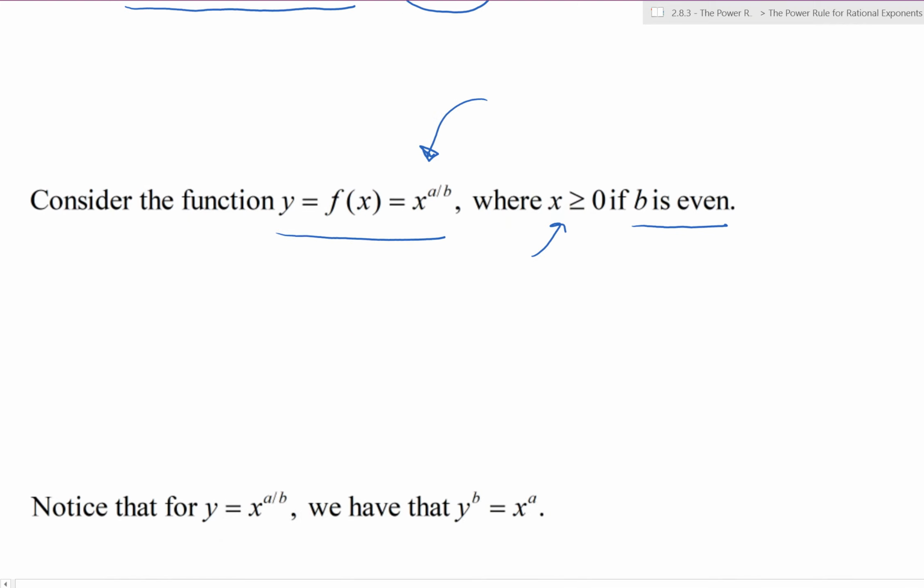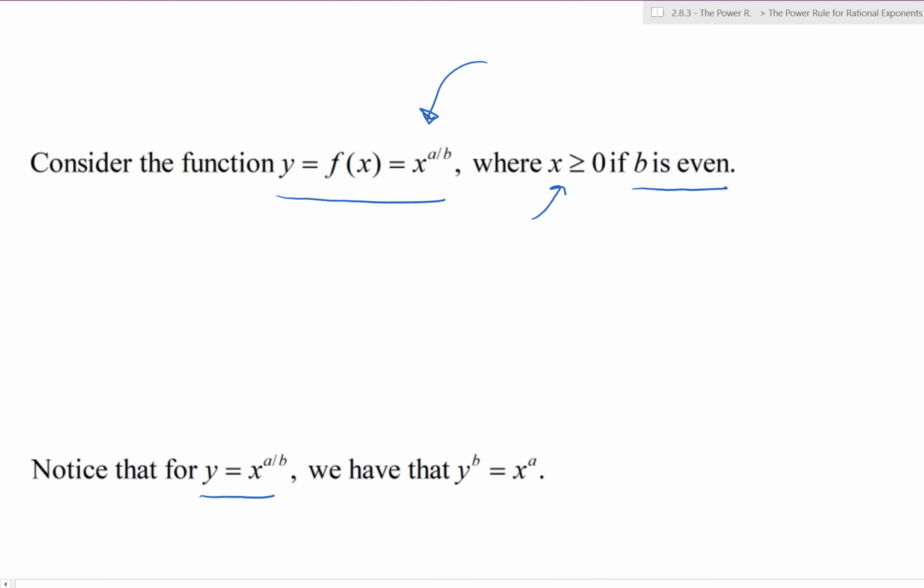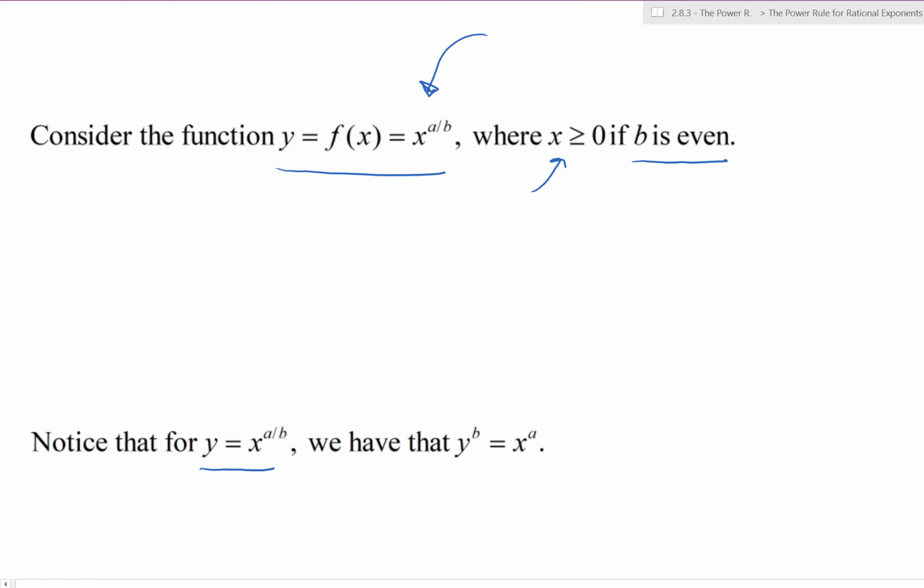Now notice, if we have our function y equal to x to the power of a divided by b, then if I simply raise each side to the power of b, which we know is non-zero, the equivalent statement is y to the power of b is equal to x to the power of a.